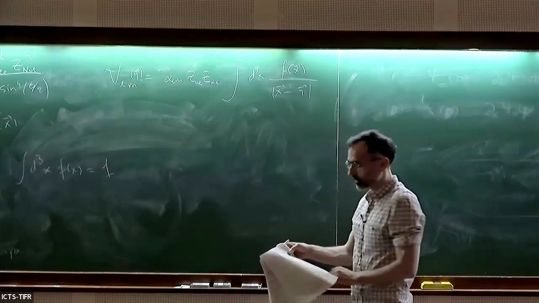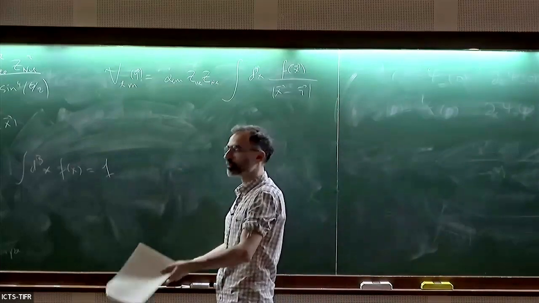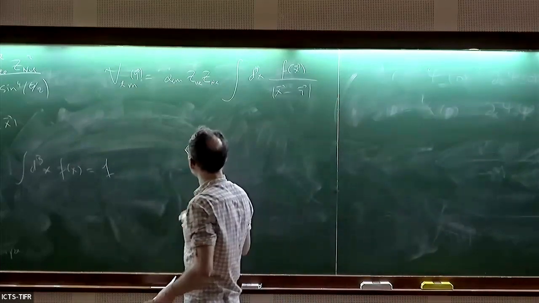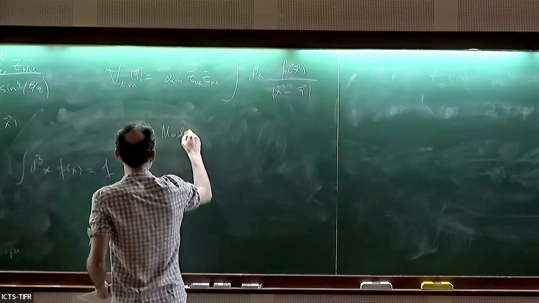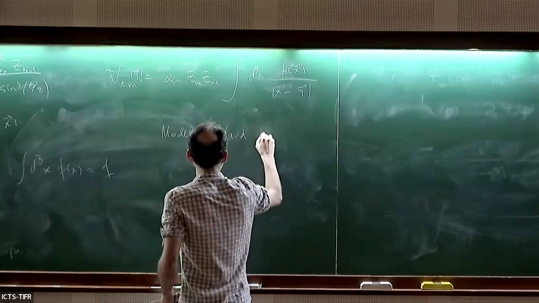And again, something for you to work on. We don't know exactly what that distribution is. We can suggest a model for it. So let's take a simple model, which will just be a hard ball.